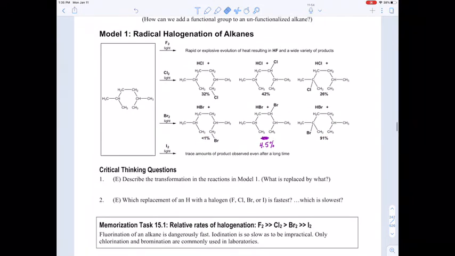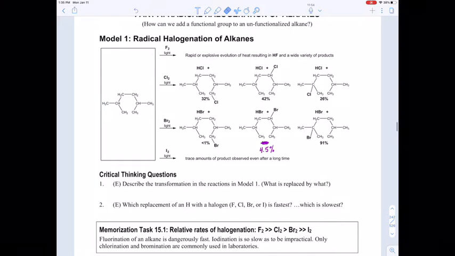Okay, so describe the transformations in the reactions in Model 1. What is replaced by what? So at any of these, we can just take a look. On the first chloride example, we have a CH3 here. Now we have a CH2 and a Cl. So the hydrogen is replaced with a chlorine. Let's look at one of the bromines.